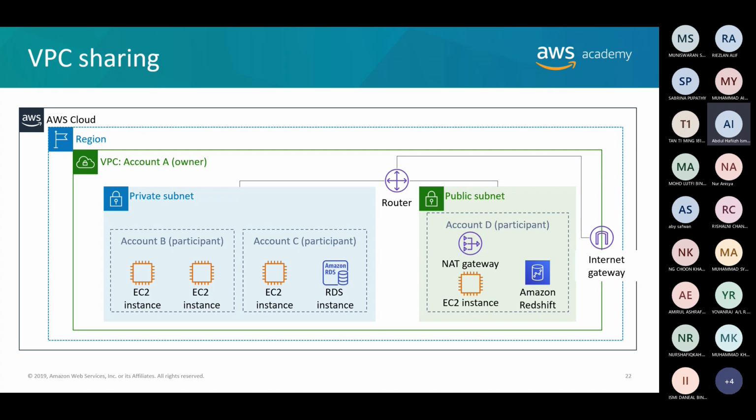So dalam case ni, dalam ni pun ada account C, participant ada EC2 dengan RDS database. Dan dia ada satu subnet, public subnet yang ada NAT gateway, ada EC2 instance, ada Amazon Redshift, also a database service.